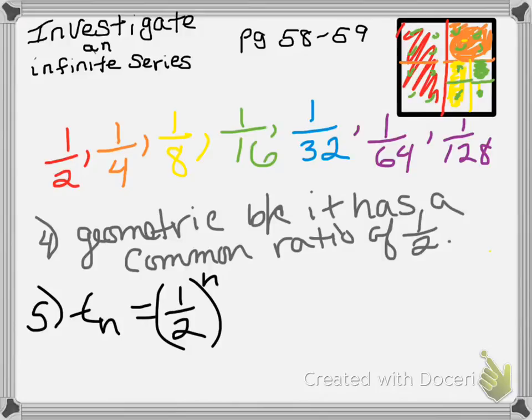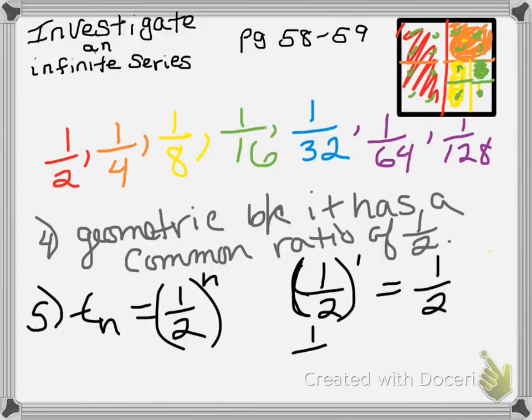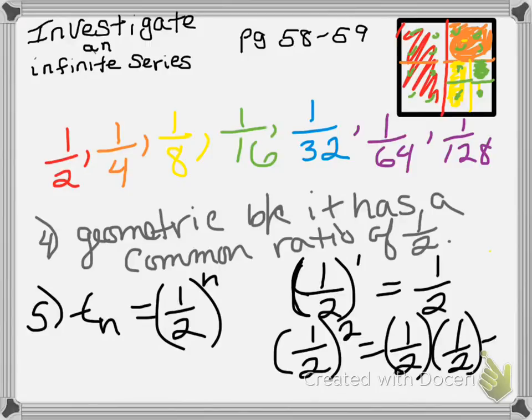Okay, so if you're thinking, I'm not really sure where that came from, well, if you think about it, 1/2 for t1 to the power of 1 equals 1/2, right? 1/2 squared is 1/2 times 1/2, which equals 1/4, right? And so on and so on. So that's where the n comes from. We get our n by our term number. All right? Let's go and erase that.